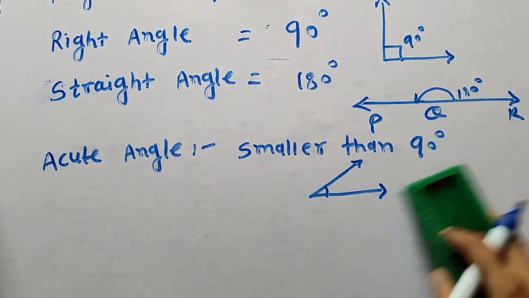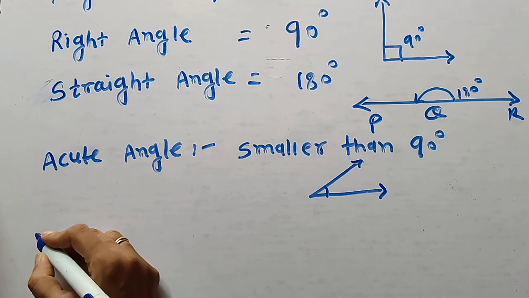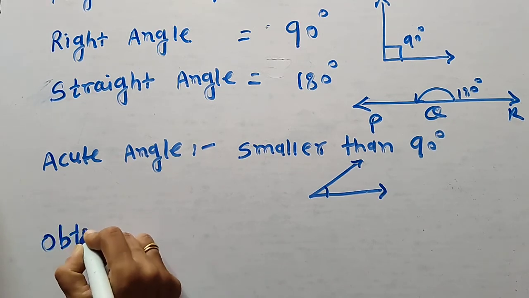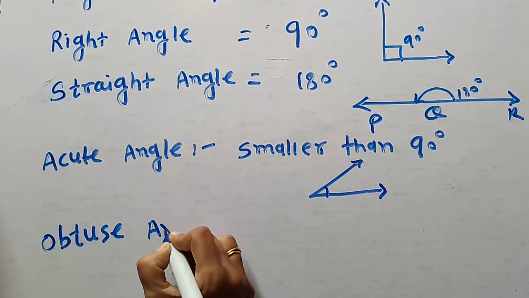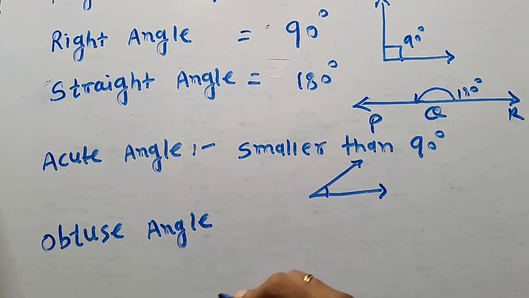Now the obtuse angle. An obtuse angle is more than a right angle but less than a straight angle.